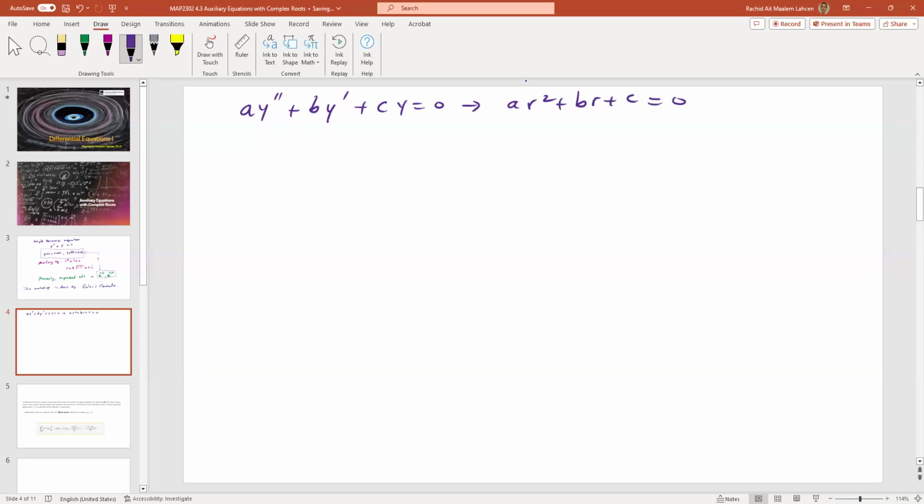And now, if b squared minus 4ac, the discriminant, is less than 0, then what happens? Here, I'm going to explain a really nice trick in math. If you haven't done it, here it is. Let's talk on the side.